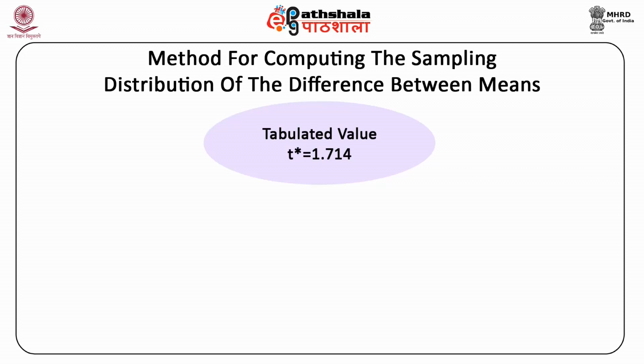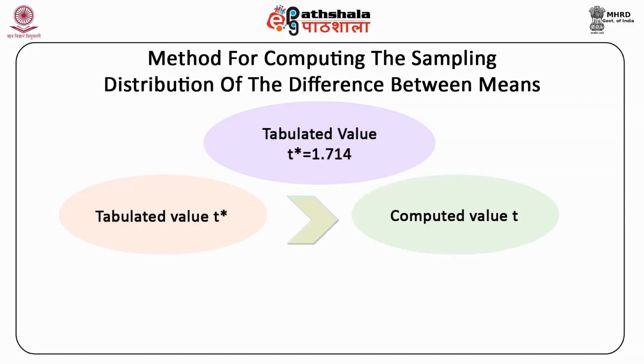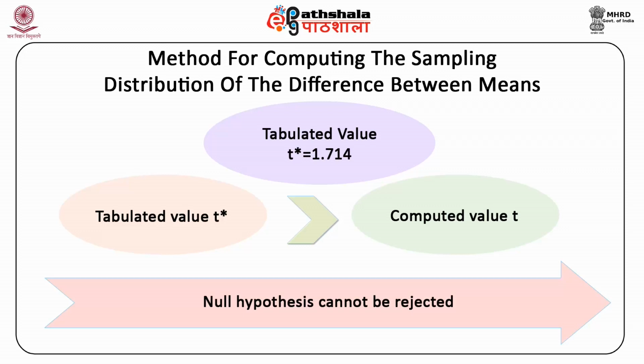Since this value is larger than the absolute value of the computed t of minus 1.598, the null hypothesis of equal population means cannot be rejected. There is no evidence that right or left-handedness has any effect on typing speed.